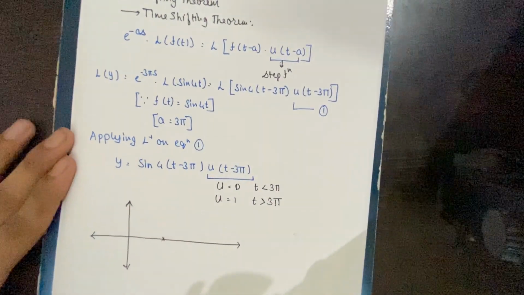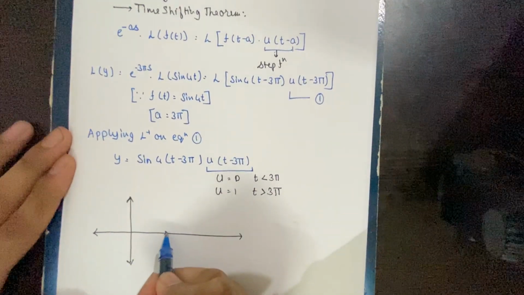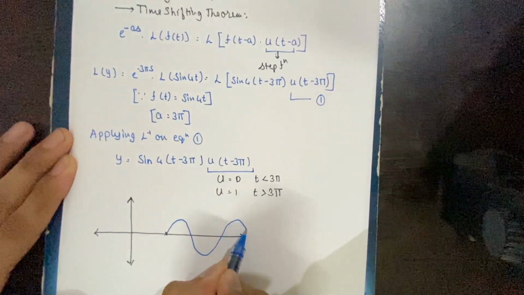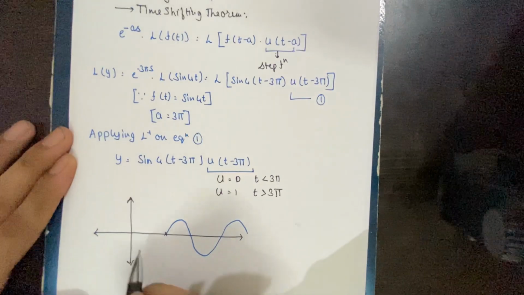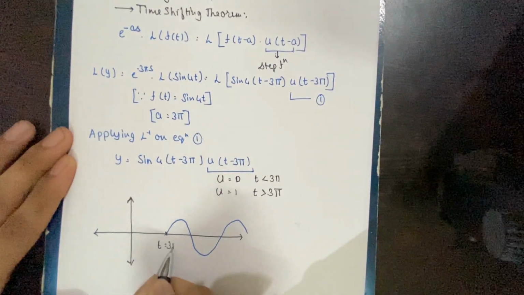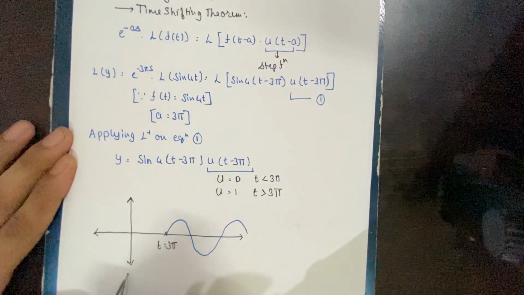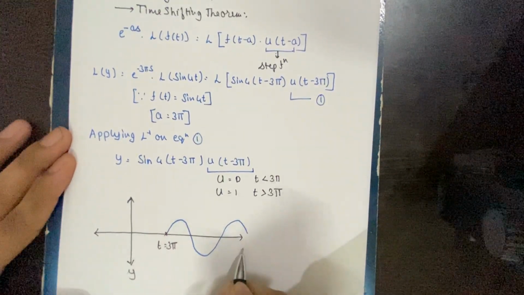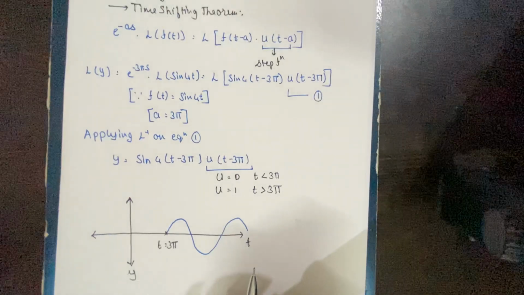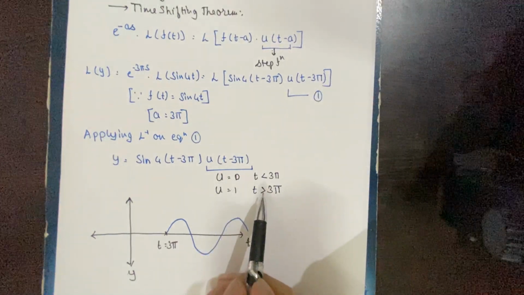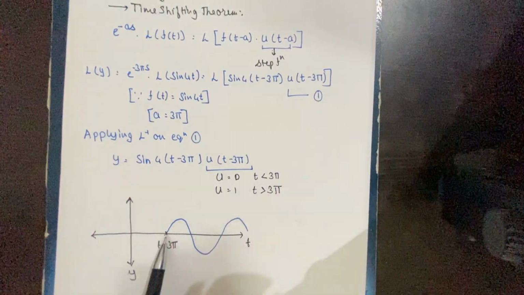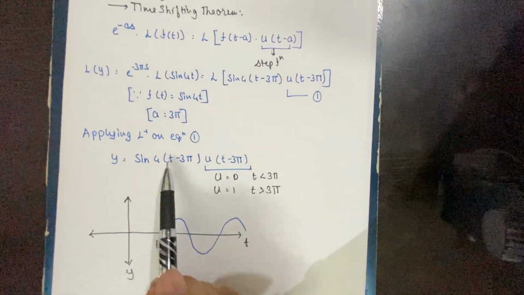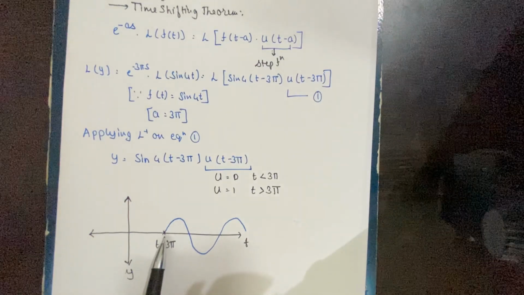T is equal to 3 pi. This is the y-axis and this is the t-axis. When t is less than 3 pi, this entire function is going to be 0. So when multiplied by this, it's not going to have any value.